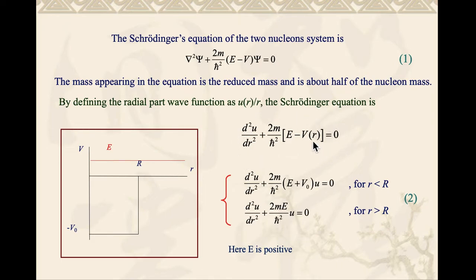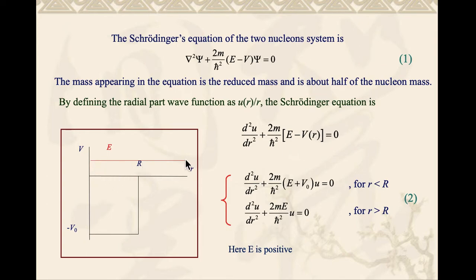And this V of r for the square well potential is minus V0 when small r is less than capital R, and when small r is greater than capital R, V is equal to 0. And here we are showing the energy. In the last case, we drew the energy where E was negative. So after this, we can compare the results of neutron and this scattering.